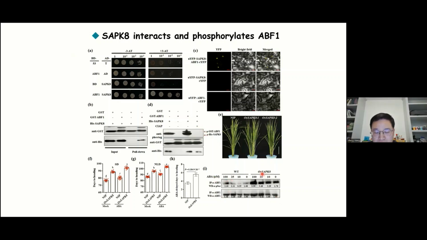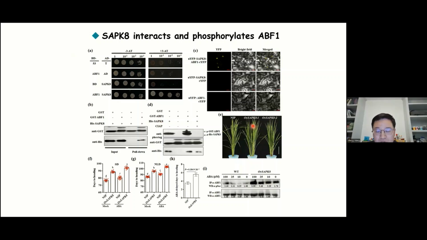And the in vivo phosphorylation assay also showed ABF1's phosphorylation band is enhanced in the SAPK8 overexpression line. When we use ABA treatment, the phosphorylation intensity is enhanced.